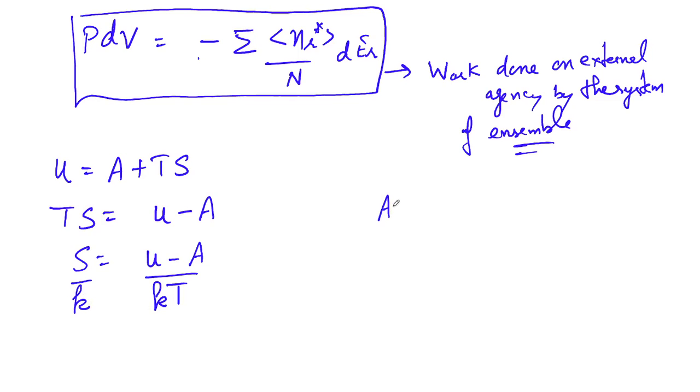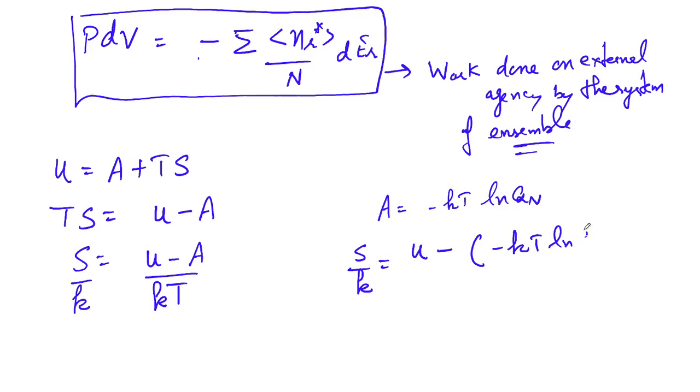And A we know is equal to minus kT log of Qn. So this equation becomes S over k equals U minus (minus kT log of Qn) over kT.